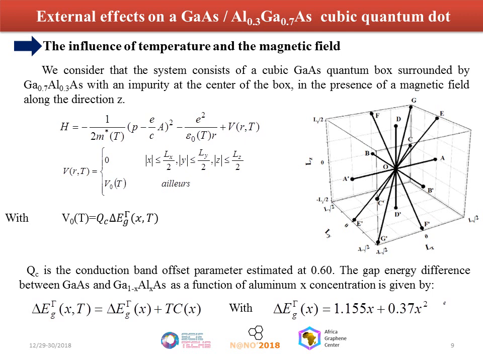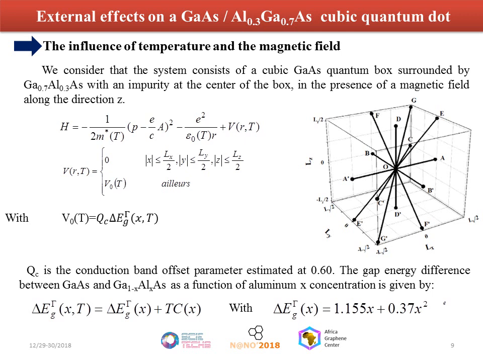It is used in the case of a finite barrier confinement potential. In the calculation we take into account the electronic effective mass, the dielectric constant, and the conduction band offset between the dots and the barrier, varying with the temperature.